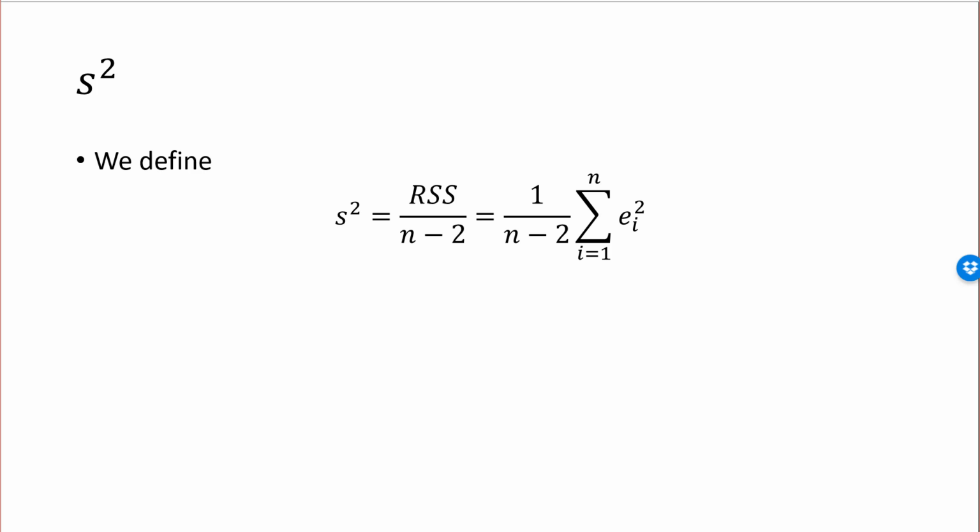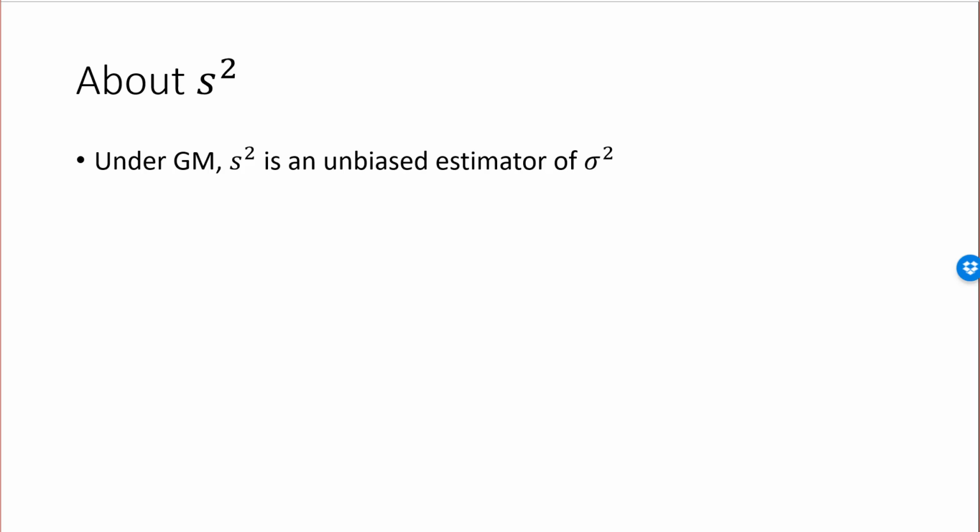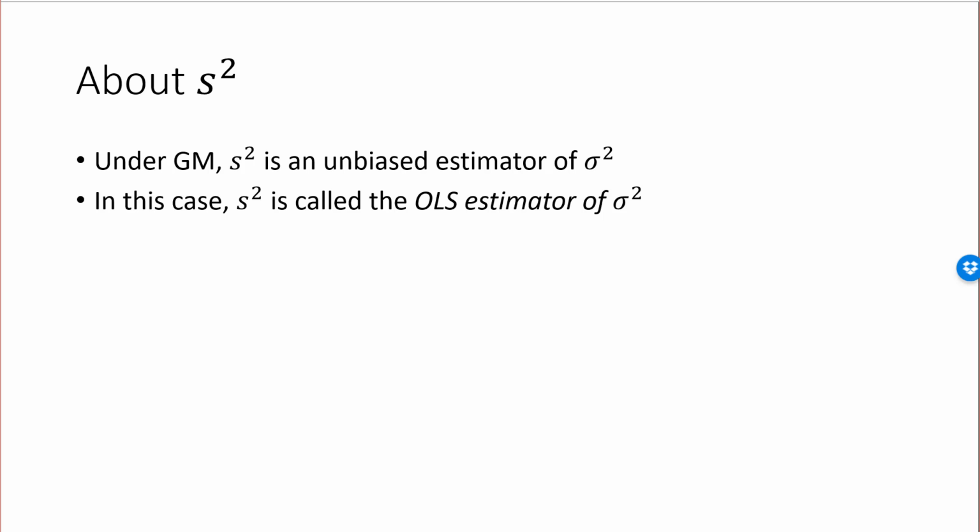S square is pretty easy to calculate. You just take RSS and divide by n minus 2, just to make it unbiased. We base the estimator of sigma square on the residuals instead of what we would actually like to base it on, namely the error terms, simply because the error terms are unknown to us while the residuals are known to us. Then you can show, and we don't do that in this lecture, that it's unbiased and consistent.